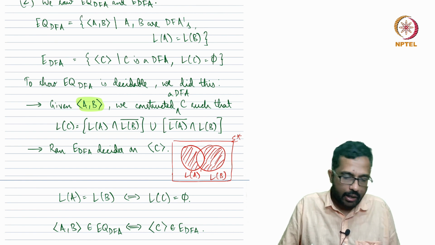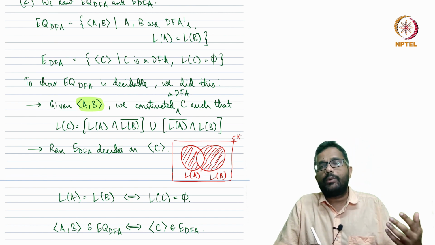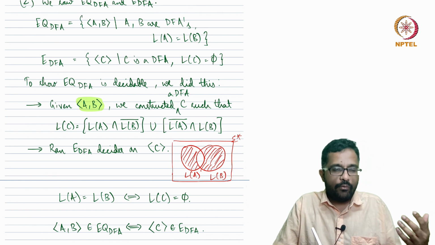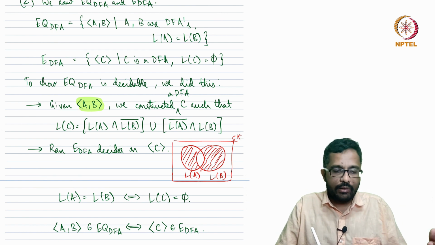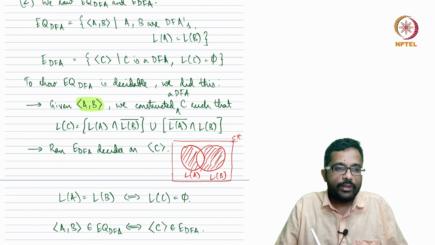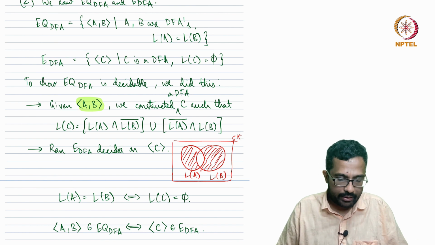So instead of determining directly whether A and B are equivalent, we construct this DFA C which recognizes the symmetric difference, and then just ask whether this DFA recognizes the empty language.